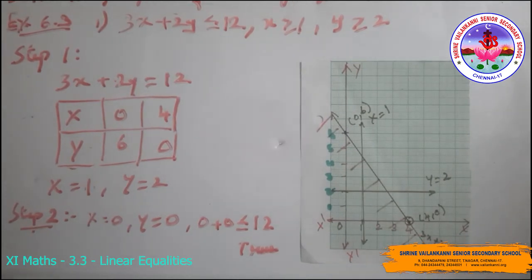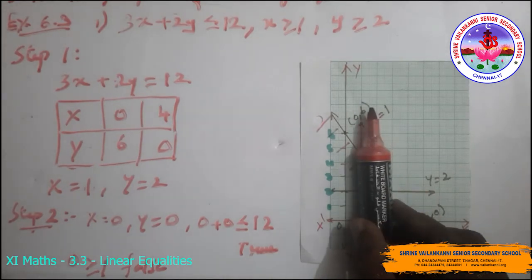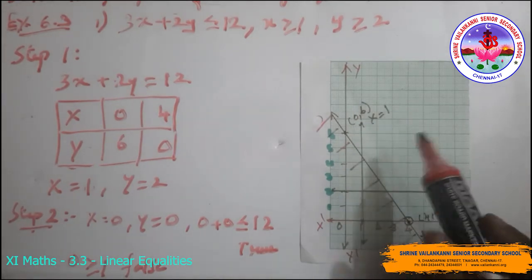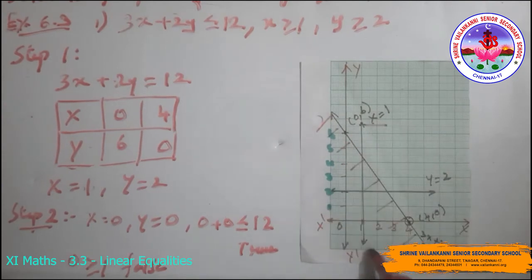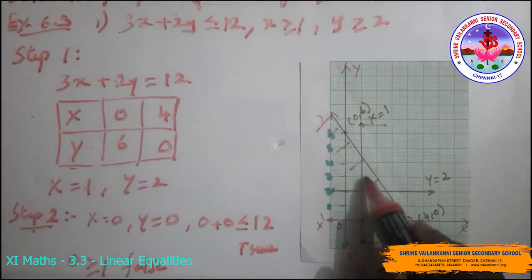And the second one, x is greater than or equal to 1. That is, 0 is greater than or equal to 1, which is false. So it lies outwards from the origin. So x equal to 1 is here, and it lies outwards from the origin. So we have to shade this part.